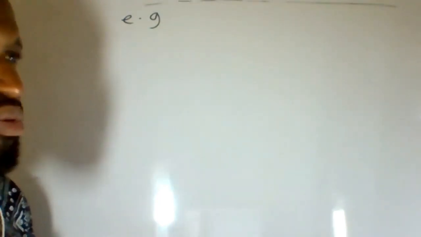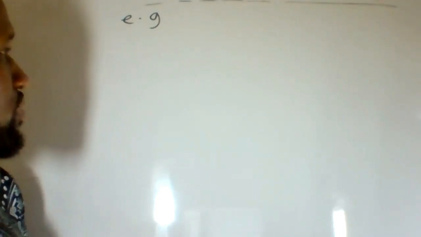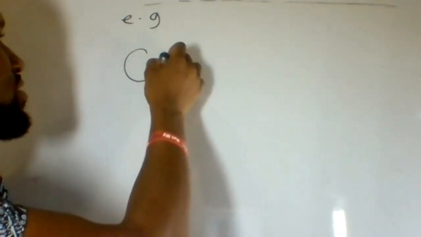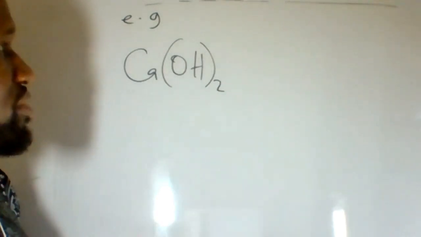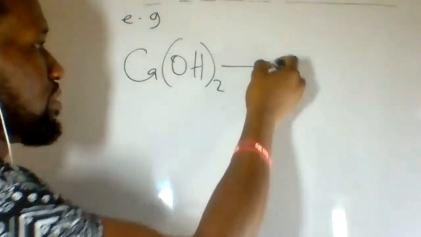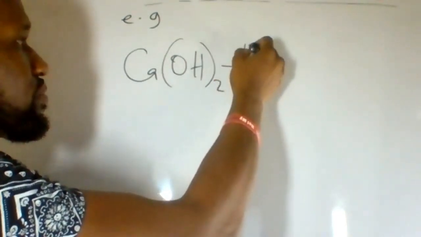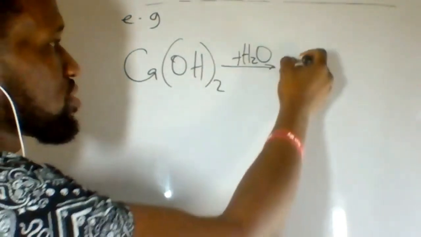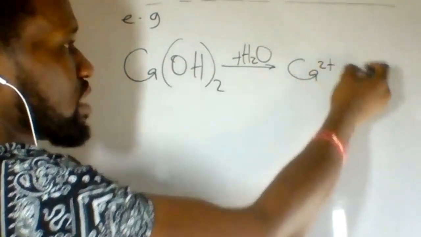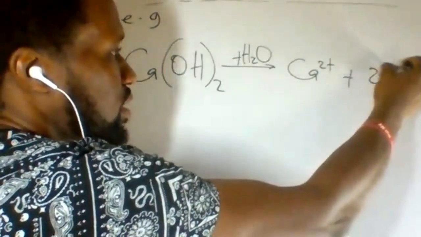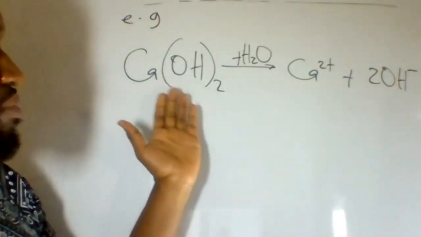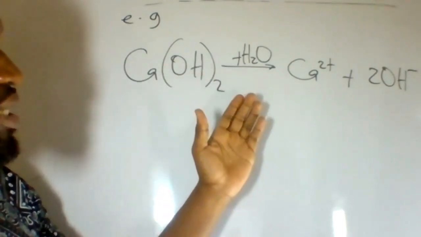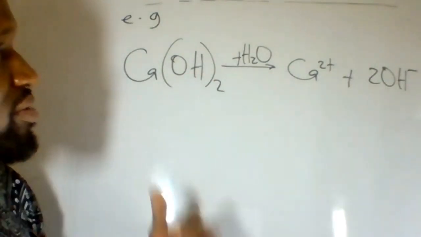Our last example is a group 2 metal hydroxide, calcium hydroxide. Calcium hydroxide, when added to water, dissociates to form calcium ions and hydroxide ions. Bases dissolve in water to produce hydroxide ions according to the Arrhenius concept.